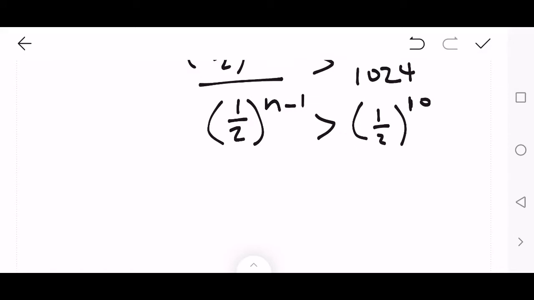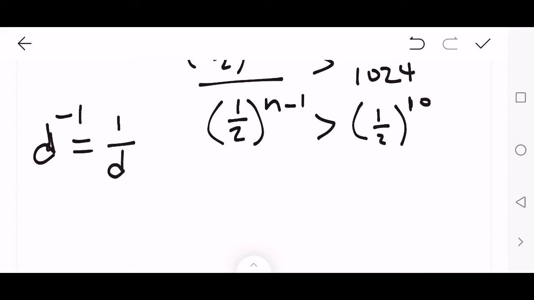So now we will change the fraction to a number, and this is an exponential law that says if you have a variable or a number, let's say d, and this number has a negative power, this number can be written as 1 over d.